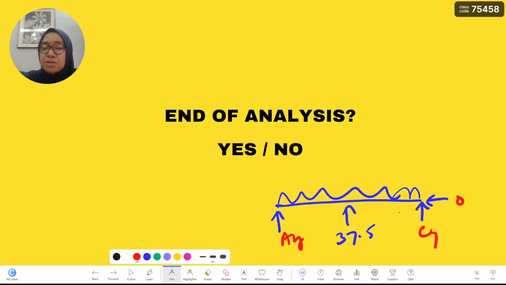Okay, so after we determine Ay and Cy, then only is the end of analysis. And actually we can continue a little bit to draw the shear force diagram and bending moment diagram.